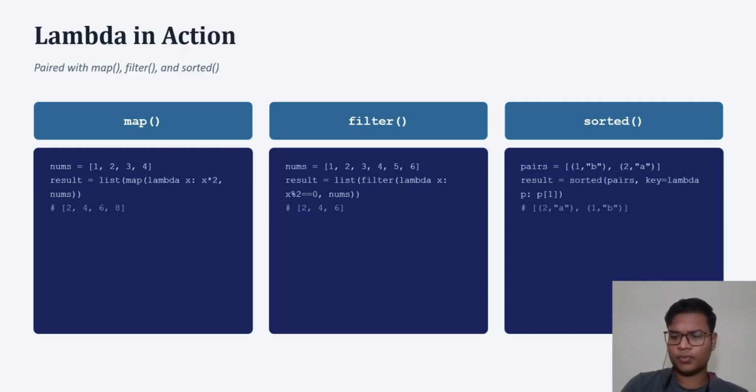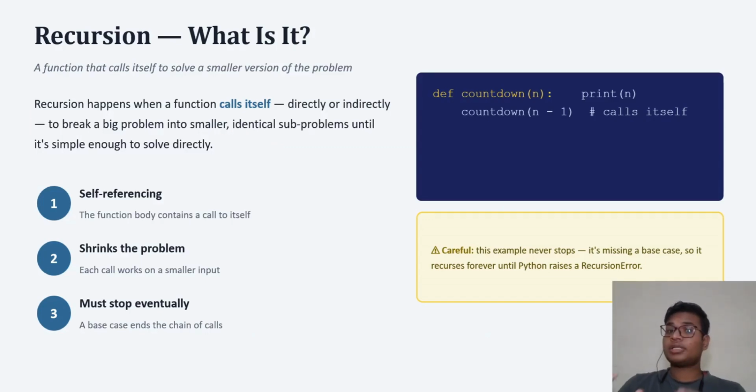So let's move forward, and let's talk about the most important thing here, that is recursion. And what is it? Let's talk about it in detail. So, recursion is a function that calls itself to solve a smaller version of the problem.